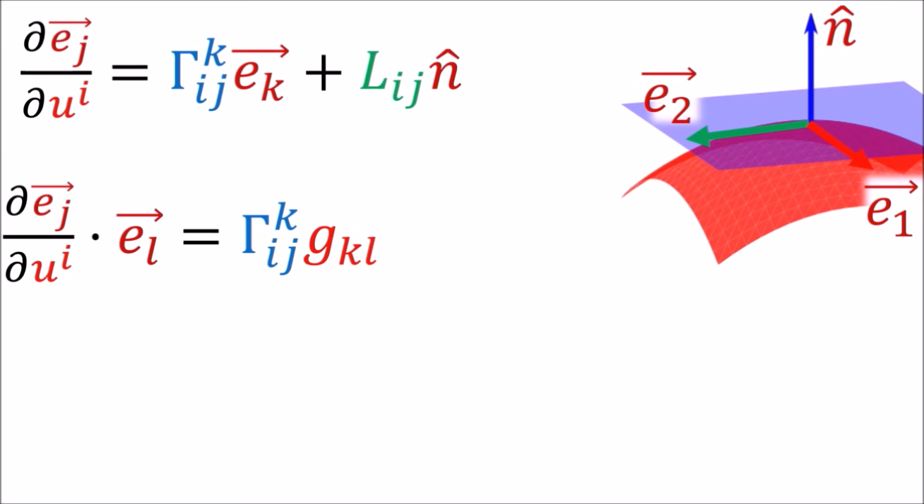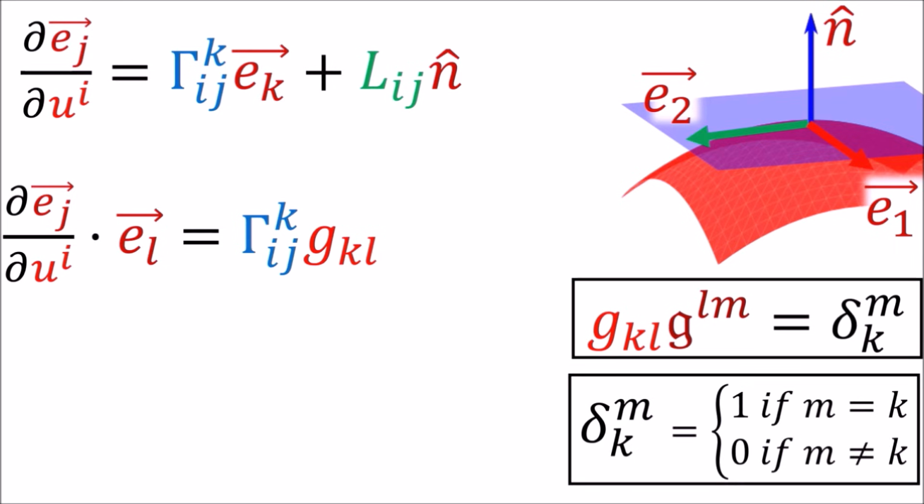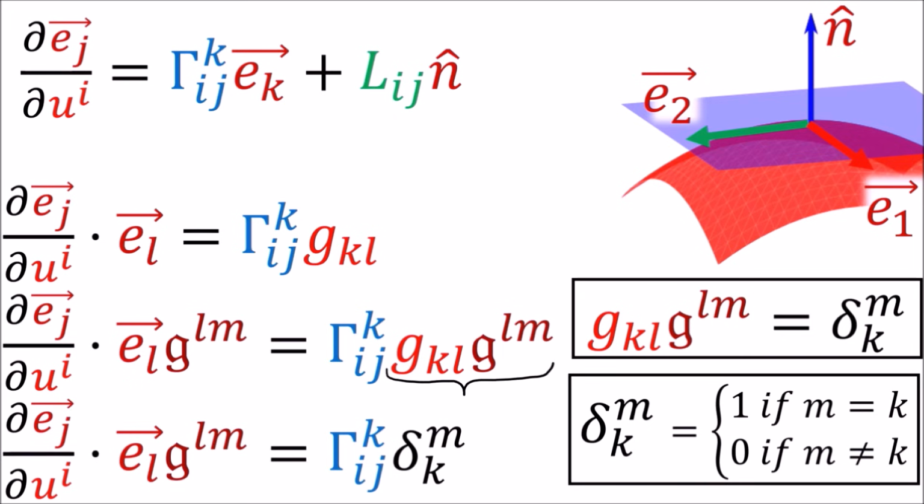And to get rid of the metric tensor, we know we can just use a summation with the inverse metric tensor to get a Kronecker delta, which is 1 if the indexes are the same and 0 if they're different. So if we do a summation with the inverse metric on both sides, then this would become a Kronecker delta. And this only matters when m equals k, which gives us 1.